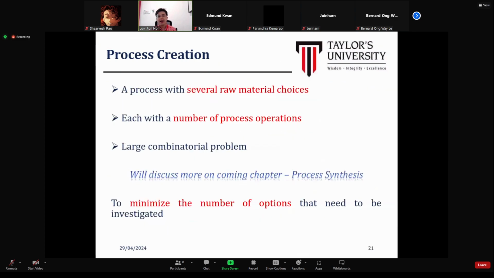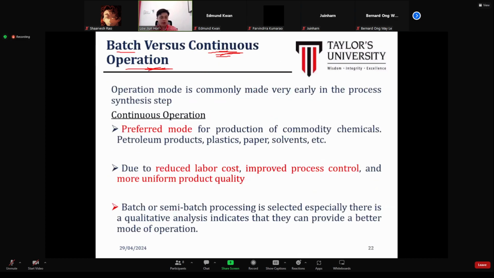Now we compare the advantages and disadvantages of batch and continuous operation. First, continuous operation: the material keeps feeding in and the product keeps being removed from the chemical plant.